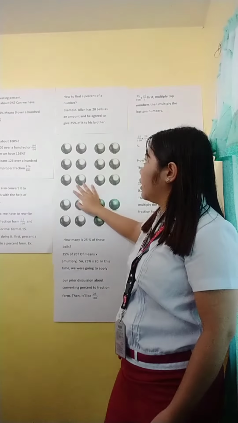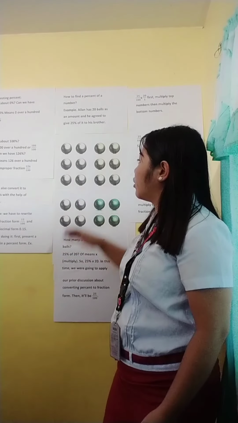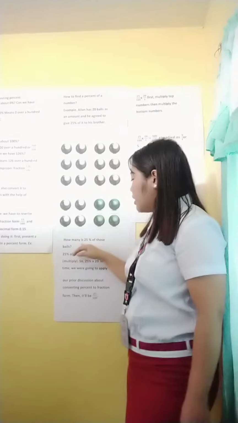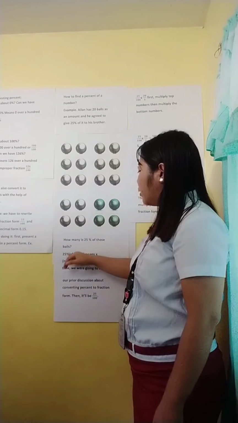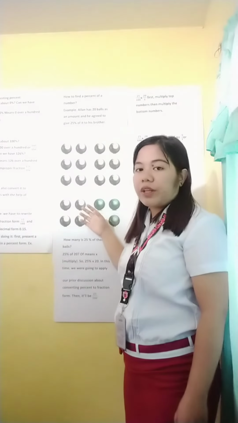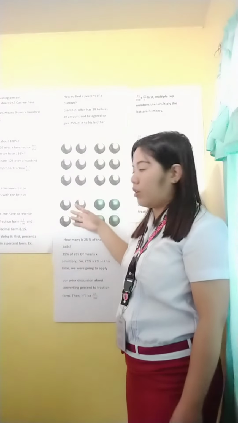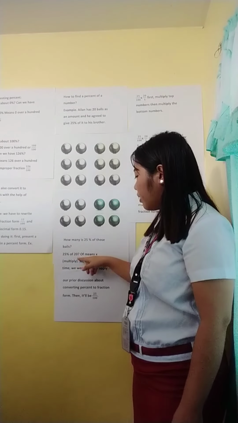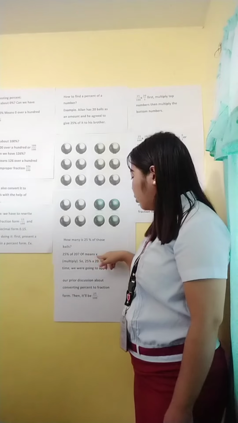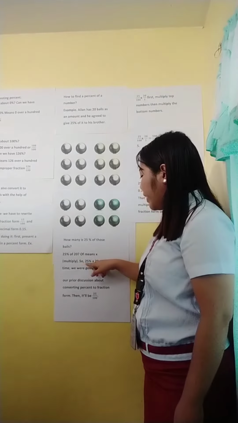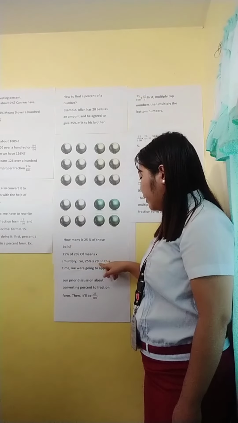How many is 25% of these 20 balls? 25% of 20. Of means multiply, or times. So we have 25% times 20.